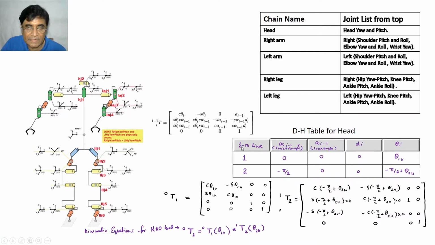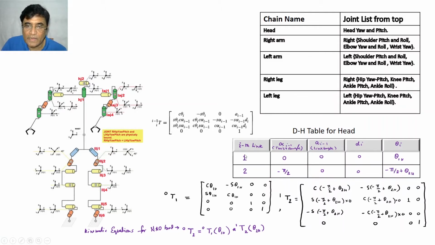So I have created it here. For link i, alpha i minus 1 is the twist angle, as you know, a i minus 1 is the link length, d i is the distance between two successive common normals, and theta i is the variable parameter, because now it is only revolute joints. You call it pitch, roll, or yaw, they are revolute joints. So this theta column will be variable only. All the others will be fixed, as now given to you.